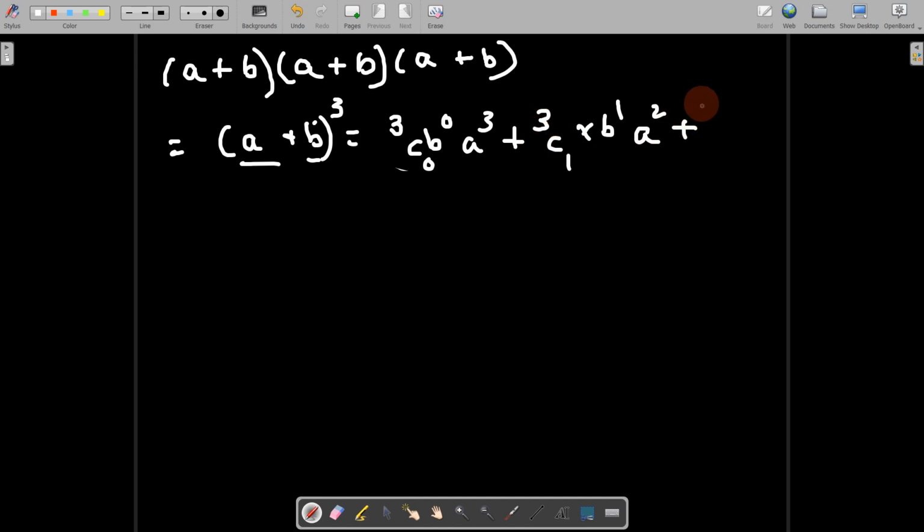That would be 3 choose 2, into B squared, and the remaining one child chooses option A. Then one more possible case is where all three kids choose option B and nobody chooses option A. In how many ways can you select all three kids out of three? 3 choose 3, B power 3, A power 0.